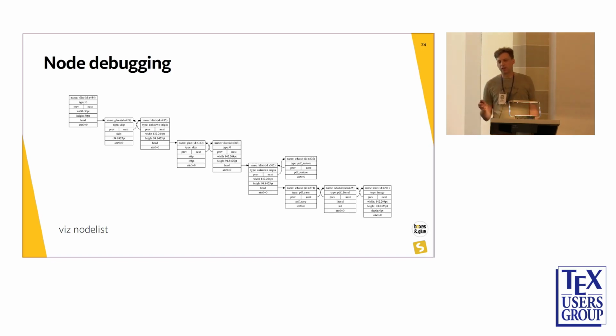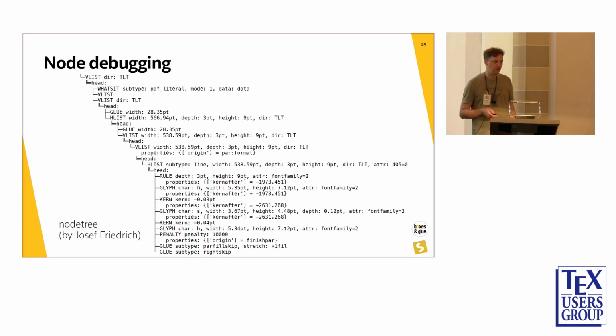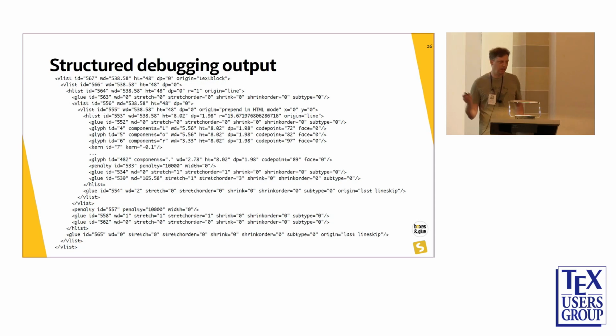And then somebody came up with another representation, Josef Friedrich. This is actually the one I like most because it's structured, but it's also a bit verbose, but it's very nice. You can use this with LuaTeX. And with Boxes and Glue, I switched to even more verbose output. It's based on XML.